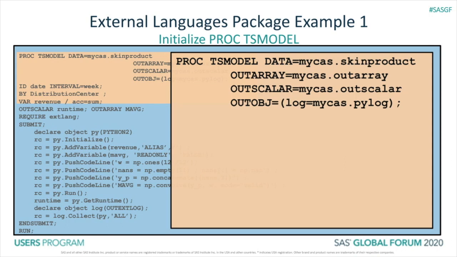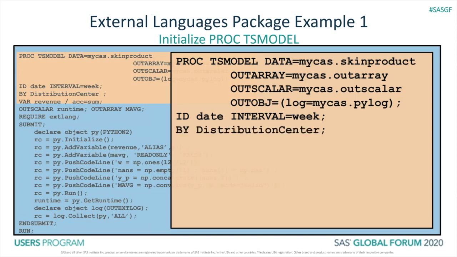And then objects that are part of the visual forecasting infrastructure that we use will go in their own tables. In this case, we just have one such object, which is a log object, and that's going to store all of our Python logs. And that's going to go in this pylog table. Here we specify the name of the variable in the data set that contains the temporal data. In this case, it's a variable called date, and the interval is weekly.